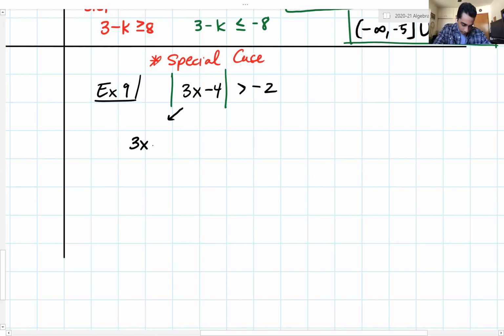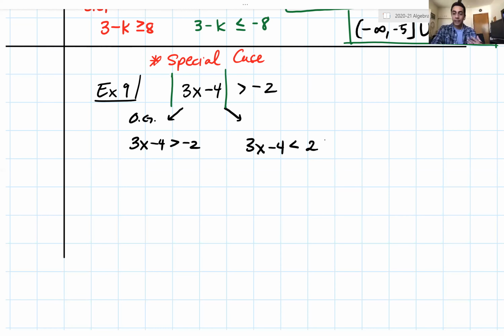We have 3x minus 4 is greater than negative 2. That's the OG. And then you could also have it as 3x minus 4. Remember to switch and flip. So you're going to switch the inequality and then flip that number from a negative 2 to a positive 2. I'm going to go through the work, and then I'm going to show you how you could have stopped at the very beginning and decided what your solution could have been.